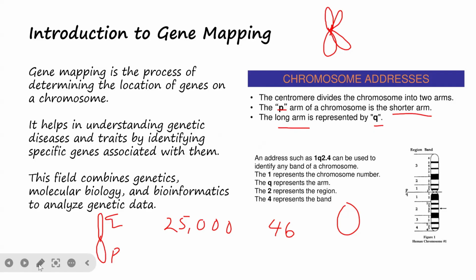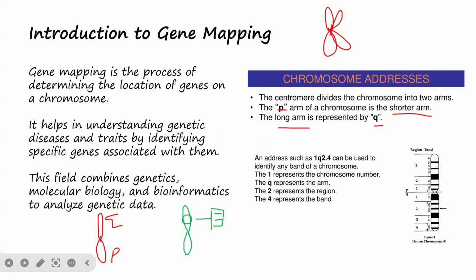Let me demonstrate how these regions are. This is a chromatid, and in this chromatid we have regions like this. This is called a region, and each region also contains bands.